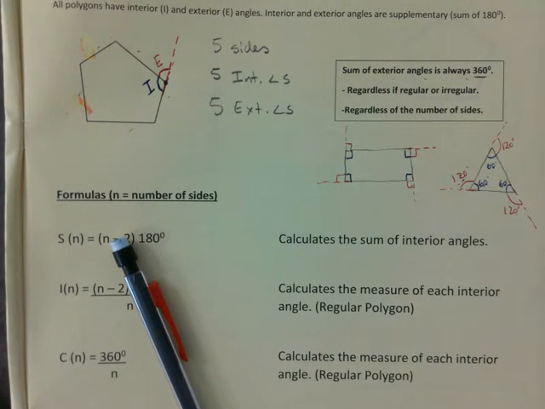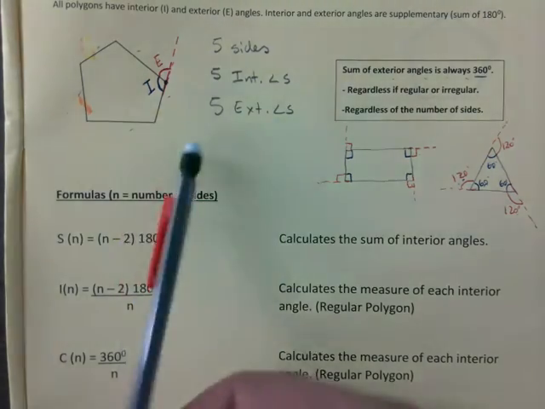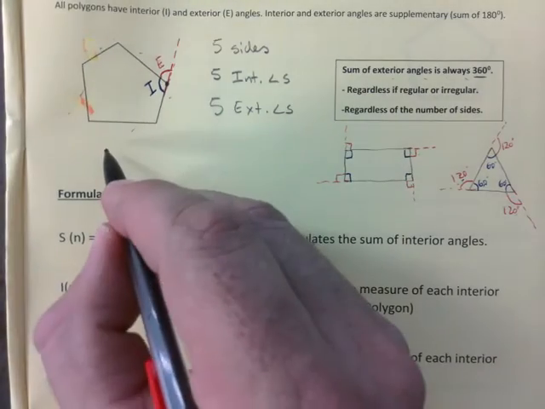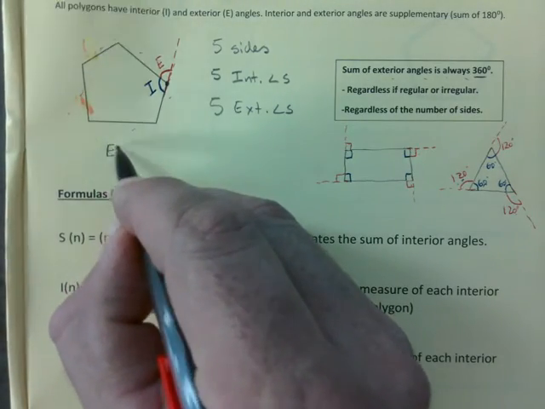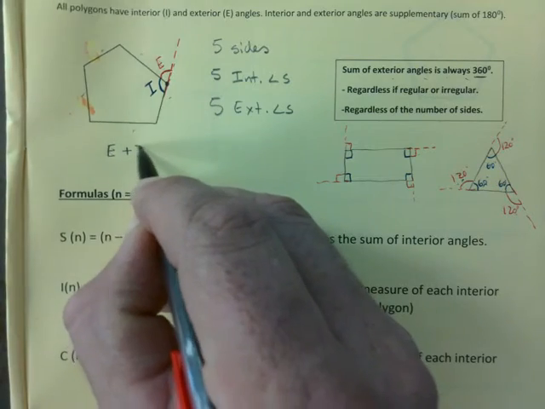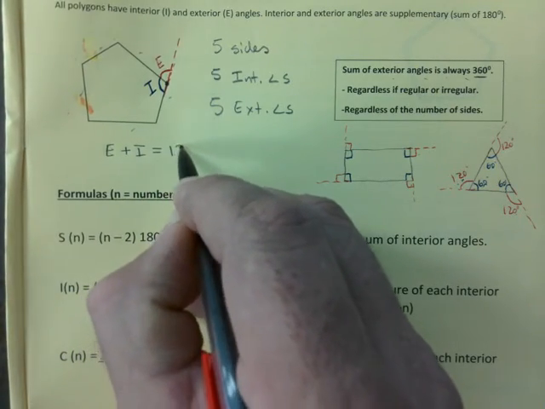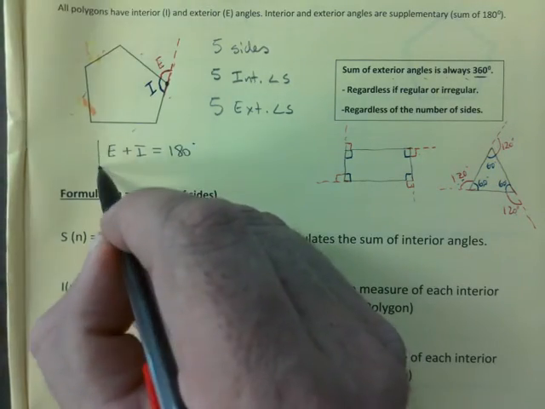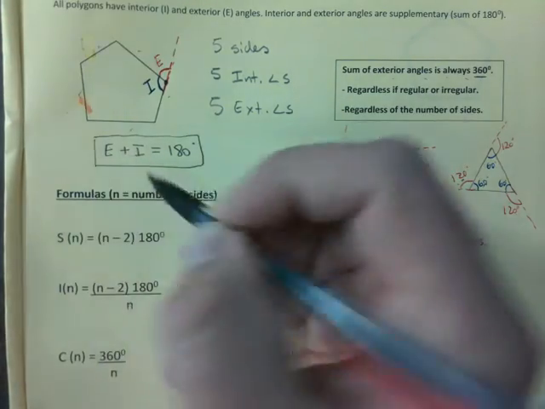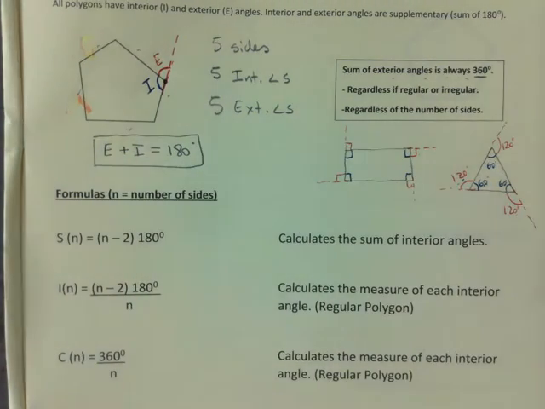So if I give you one, you have the other, okay? And that's what I'm going to add here. Exterior plus interior always adds up to 180, right? So you can use this formula to figure out the other one.